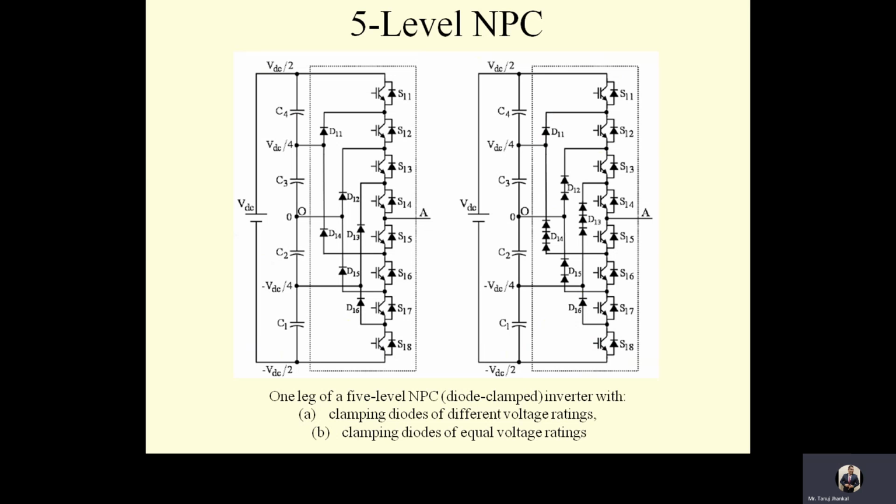The pole voltage can be equal to VDC/2, VDC/4, 0, minus VDC/4, and minus VDC/2 with respect to the neutral point O.